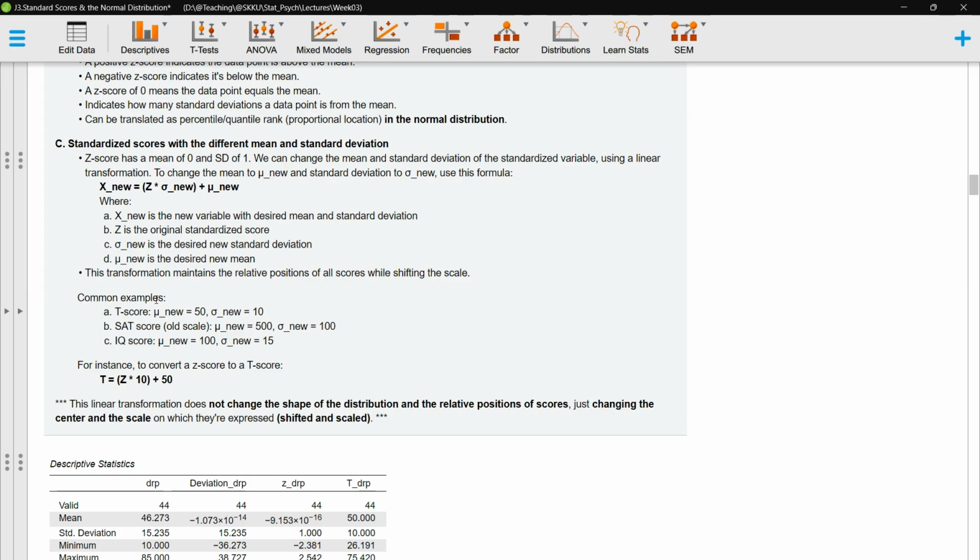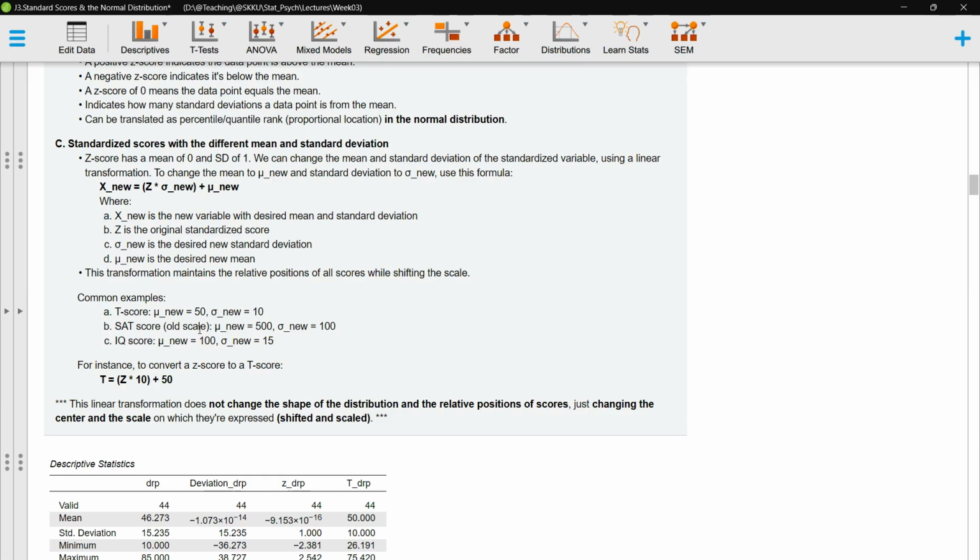A common example is the t-score. The t-score is widely used as a standardized score, and its mean is usually set as 50 and its standard deviation as 10. Another type of standardized score is the SAT score, but this is an old scale.